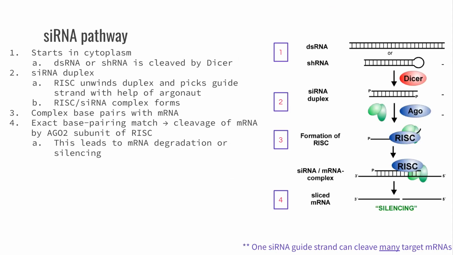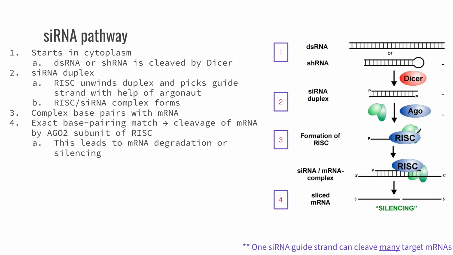So the basic pathway for siRNA starts in the cytoplasm. Since it's exogenous, it doesn't need to be exported from the nucleus like miRNA does. dsRNA or shRNA is cleaved by Dicer. So that's those original strands of RNA. And then we have the siRNA duplex.